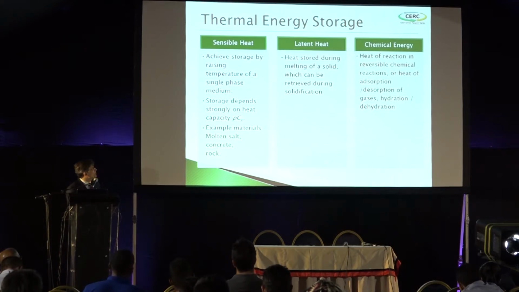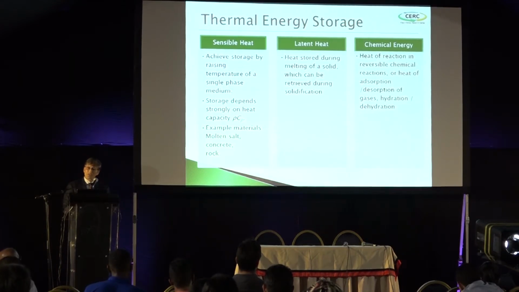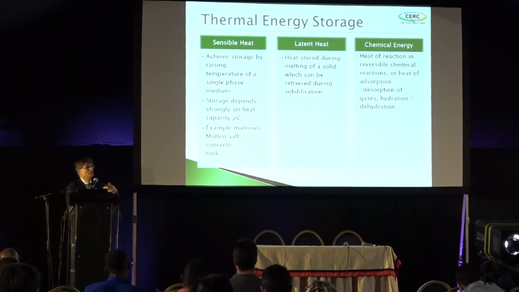Or you can do chemical storage, which is thermochemical. That is, you cause a reaction, which is an exothermic reaction. That's when you retrieve heat. And when you store heat, you are doing the endothermic reaction, where you need heat for the reaction to go forward. Okay? So these are the three ways of doing it.